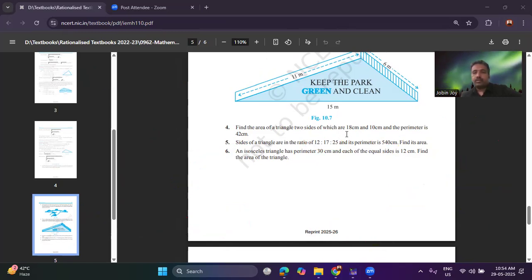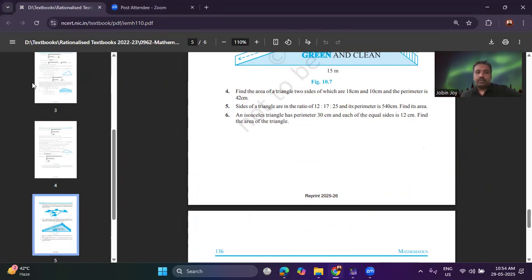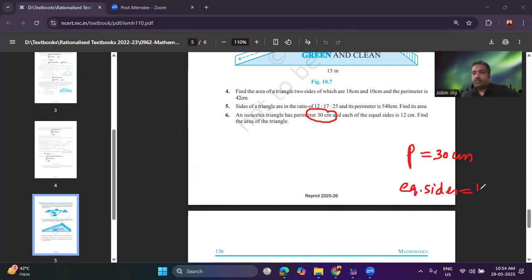And the last question, isosceles triangle. Perimeter is given. Perimeter is equal to 30 centimeter. Equal sides given, 12 centimeter. Find the area of the triangle.